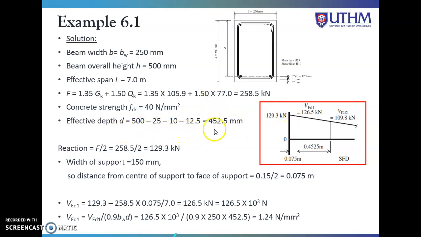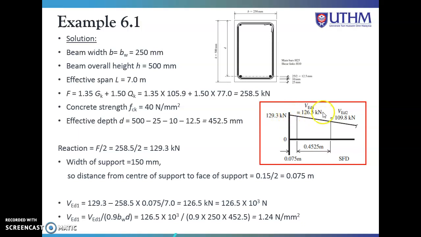Okay, there is 7 meter punya beam, so akan ada satu force which is 258.5. So the reaction of this simply supported beam will have F divided by 2. Okay, 129.3. So if we draw our shear force diagram, so here we start with 129.3.